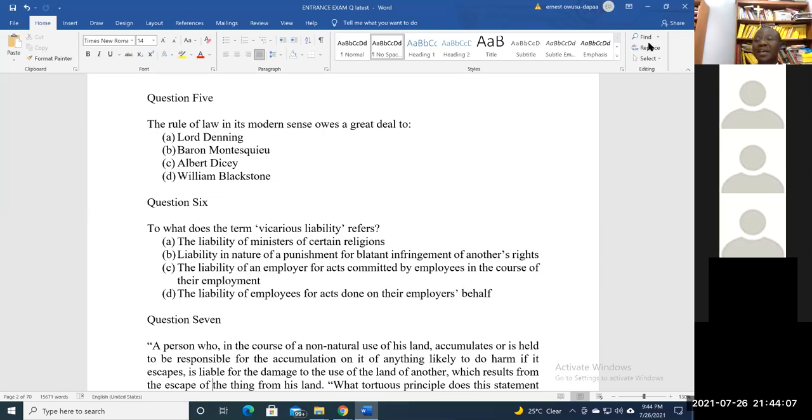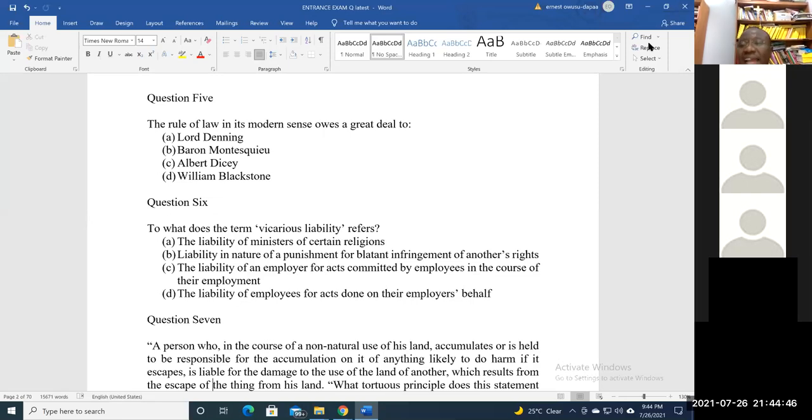So for example, the question may be that vicarious liability applies to all the following, except, let's say you have an employee, you have a servant, you have agents, you have an independent contractor. You have to note that the answer will be independent contractor, in the sense that vicarious liability does not apply to an independent contractor, because that is his own boss. So when he commits any wrong, he or she bears personal liability.